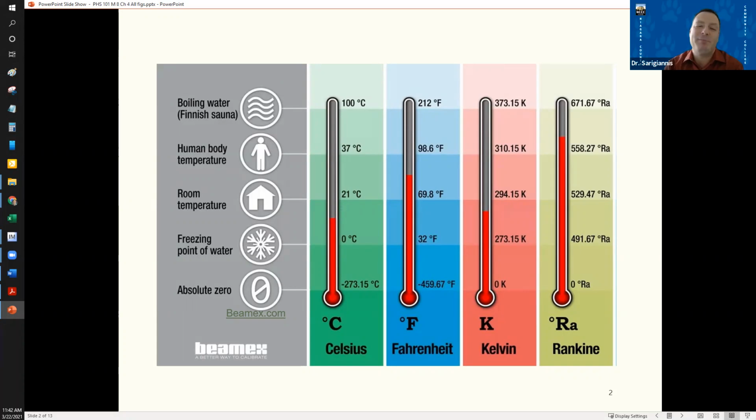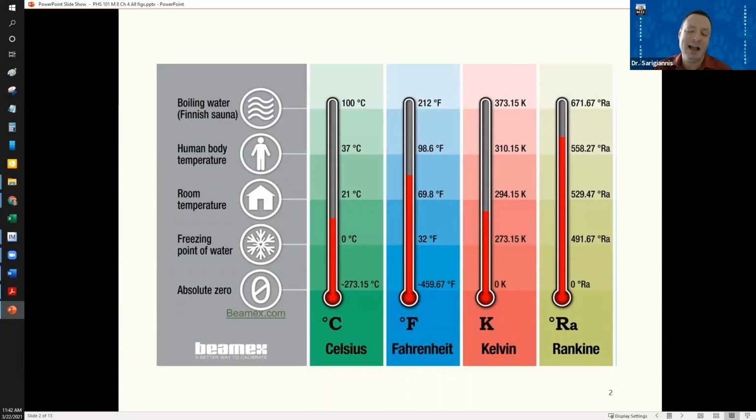Typically reactions cover a wider range, so you can be below zero. And in terms of ease of manipulation and generating data and plotting it, it's much easier to work with an absolute temperature scale.